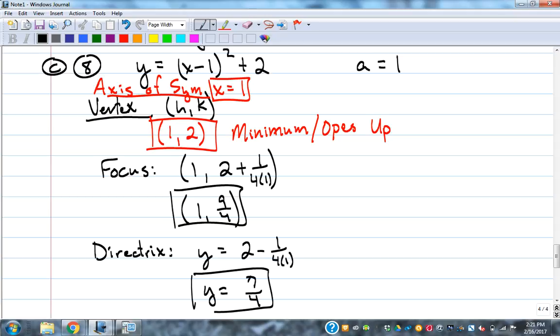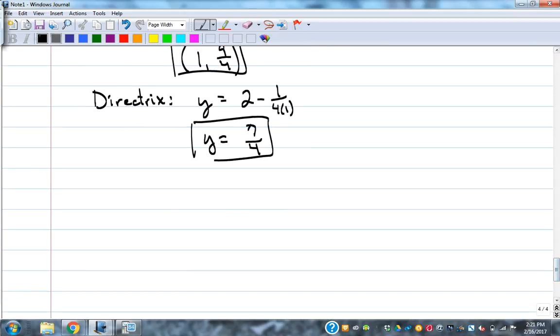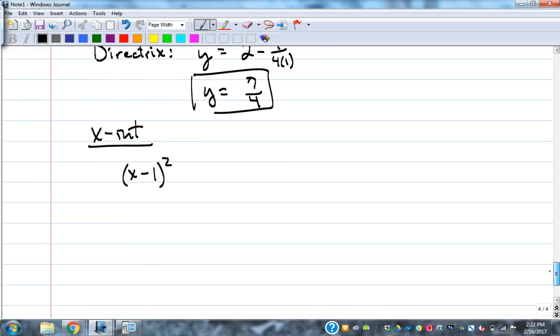But that doesn't mean we get to skip the intercepts, if there are any. Okay? So to find x-intercepts, what do we do? What's it say to do to find x-intercepts? Set it equal to 0 and solve it. So we're going to set this problem, x minus 1 squared plus 2 equals 0, and solve it. We solved problems just like this last week.